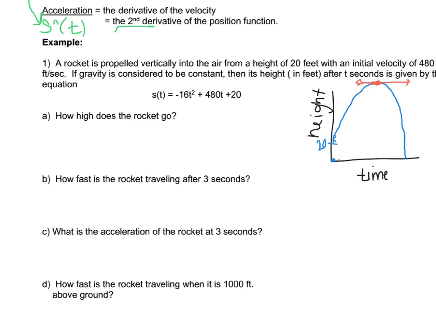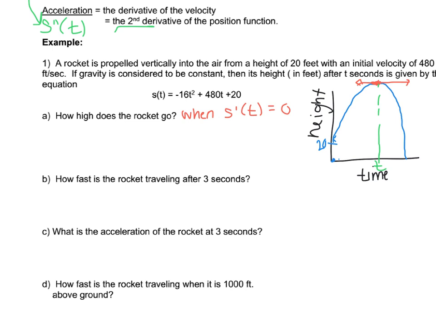So when it's asking how high does the rocket go, what we're actually going to do is find out when that slope of the tangent line, aka the derivative, s prime of t, equals 0. And that is going to give us the time at which this rocket is at its highest point. So we will be able to find the time t at its highest point and then plug it back into the function and see how high it goes.